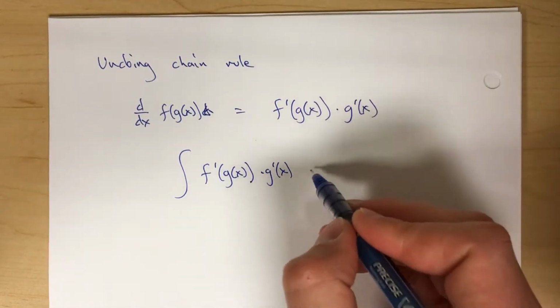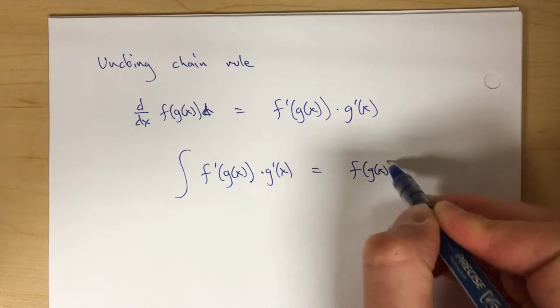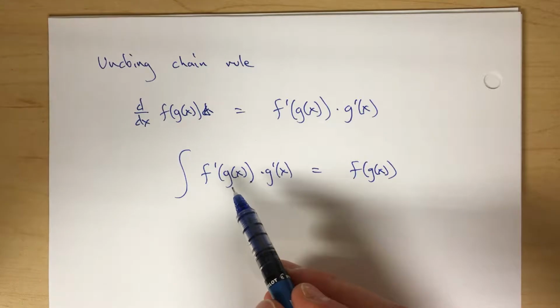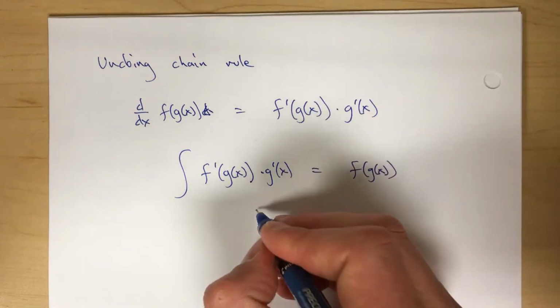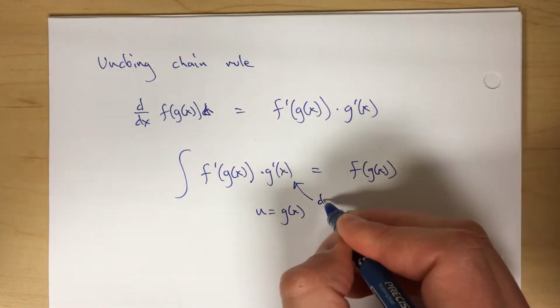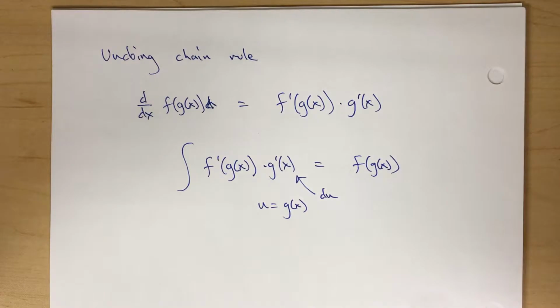If we have the antiderivative of this, then we just have f of g of x. What we're going to do is let u be g of x, and g prime is going to be du, and we can simplify it into something that is easier to integrate.